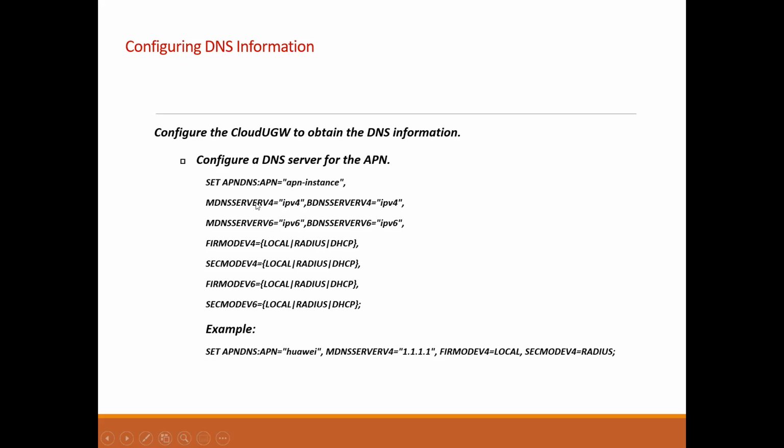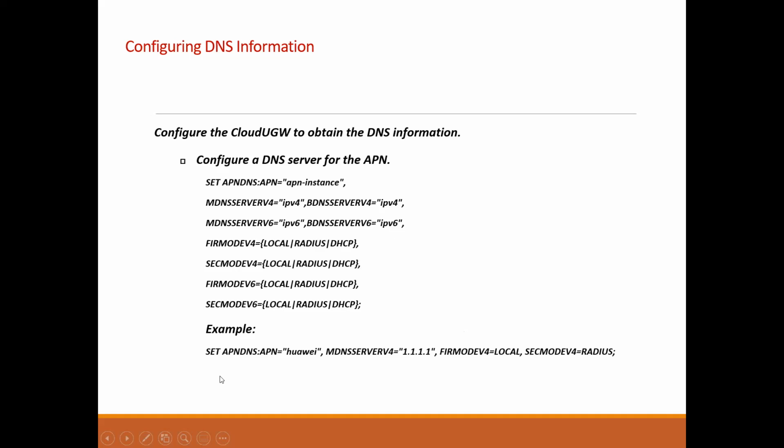Okay, so for IPv4, you specify the two IP addresses, and for IPv6 as well. Then you can also specify that the first mode for selection of the IP is going to be local, what the secondary mode is going to be, and so on and so forth.